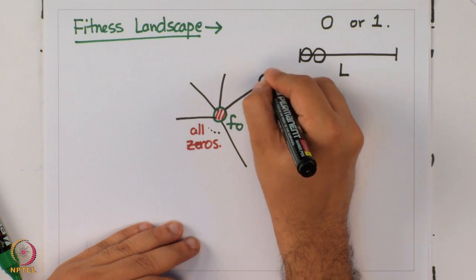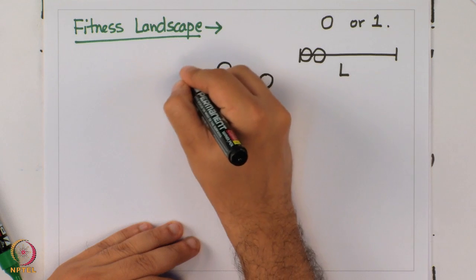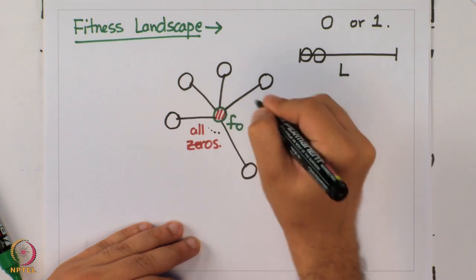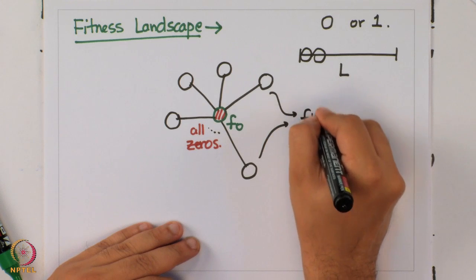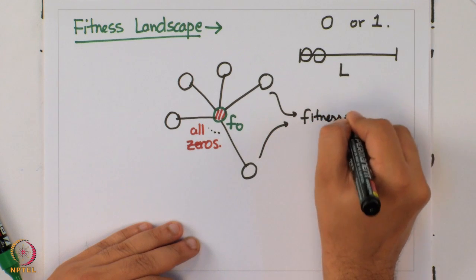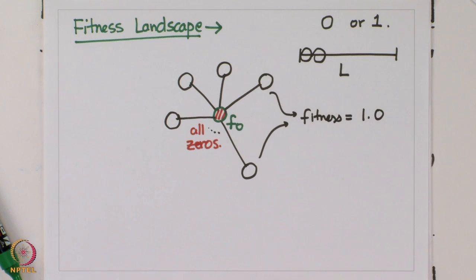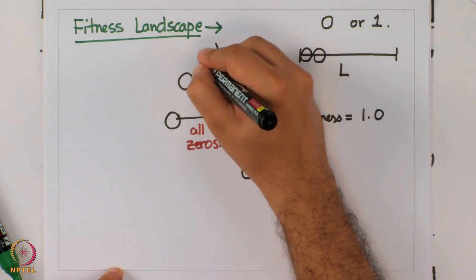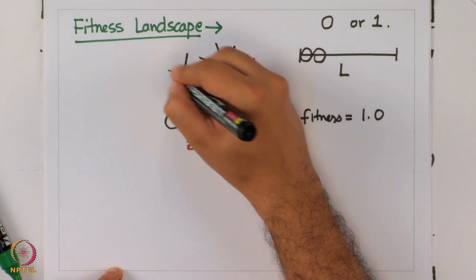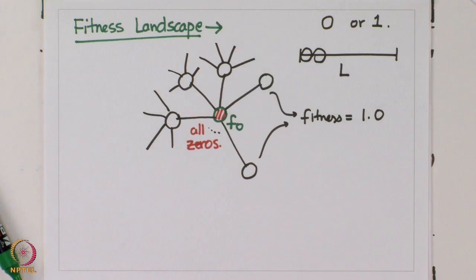So, let us represent these neighbors. And all of them have fitness equal to 1 according to our definition. And of course, these nodes will have their own neighbors and so on and so forth, and the graph would spread around the peak like this.